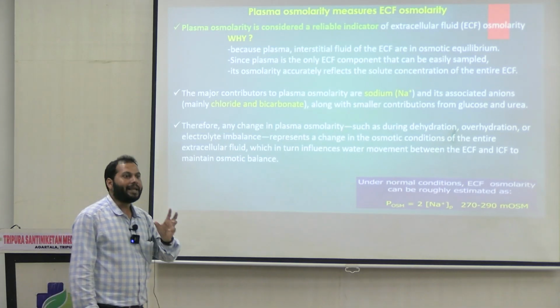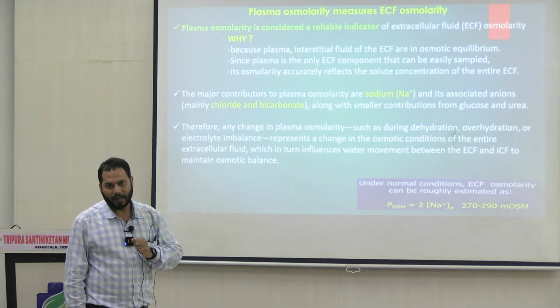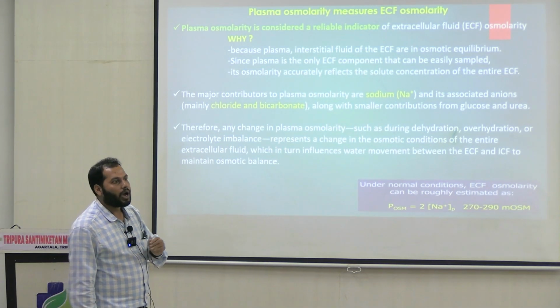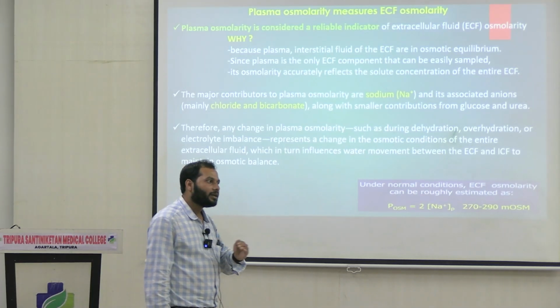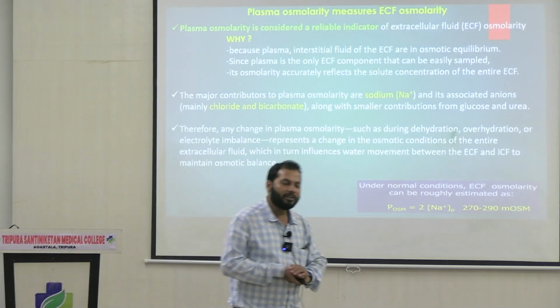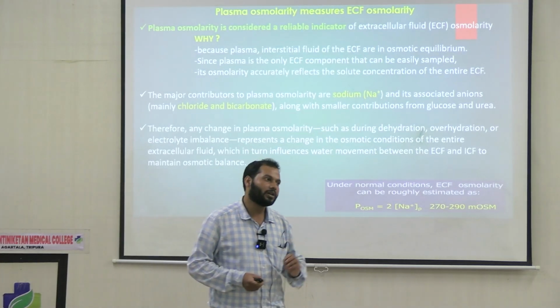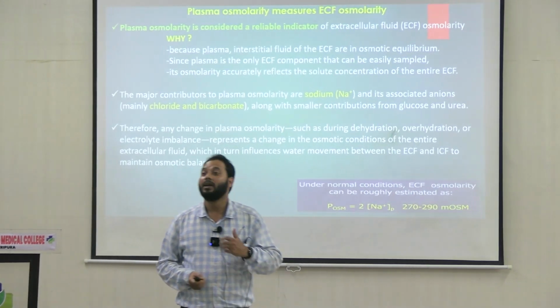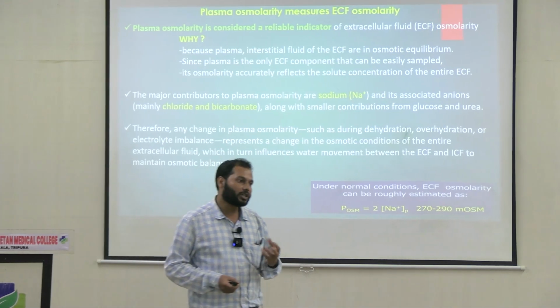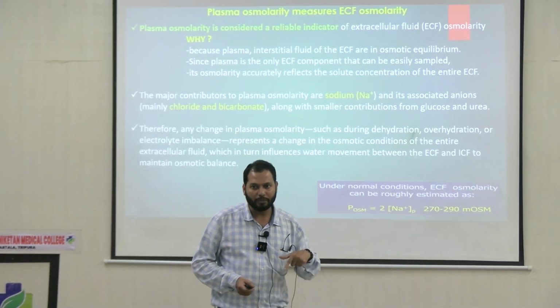Maintaining osmotic balance is very vital, right? So how do we know whether there is a difference in osmolarity in body fluids or not? That is only determined by knowing the concentration of solute present in different compartments, right?